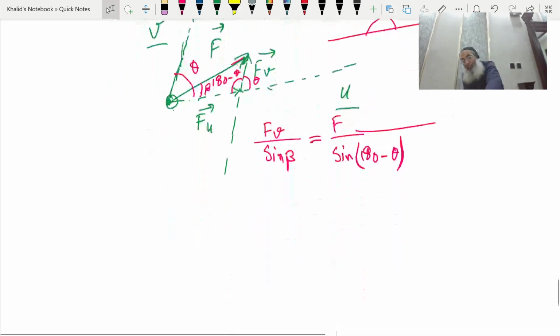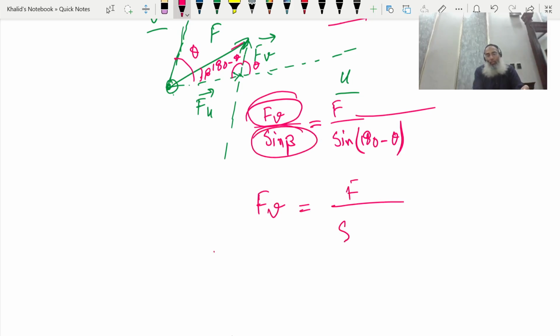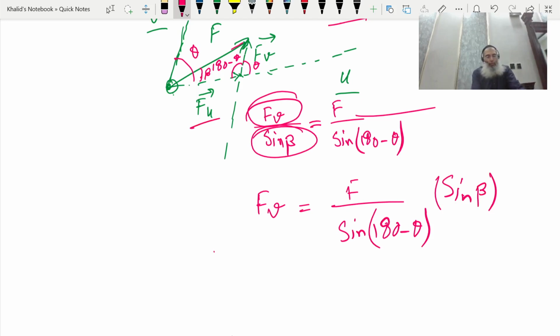You can determine the value of the force along the V direction: F over sine of 180 minus theta, multiplied by sine beta. And the same is true for FU. You can also find that FU.